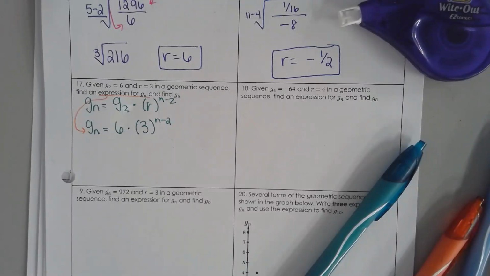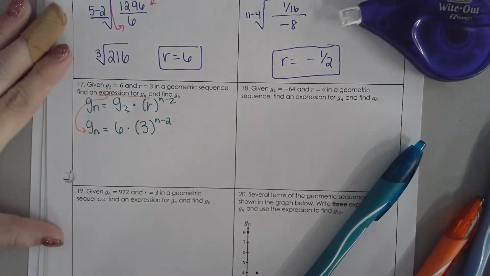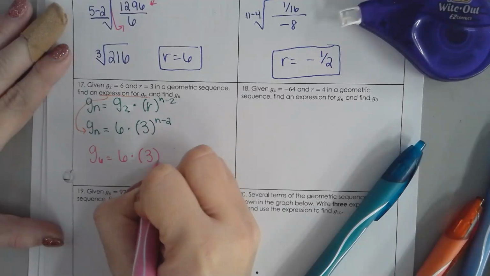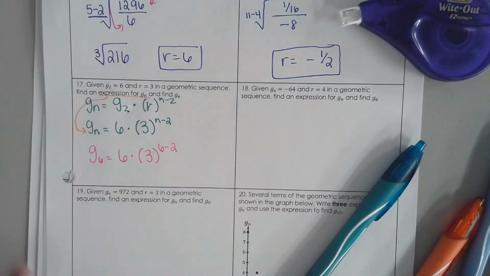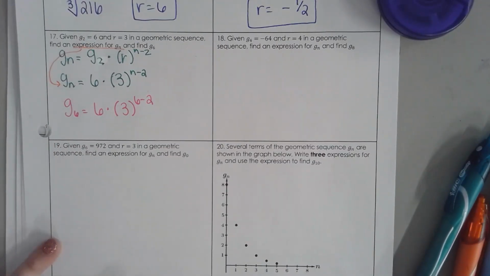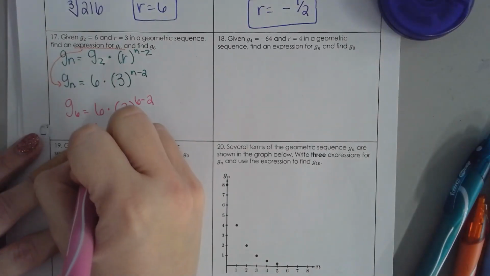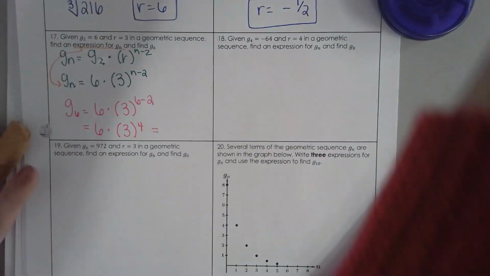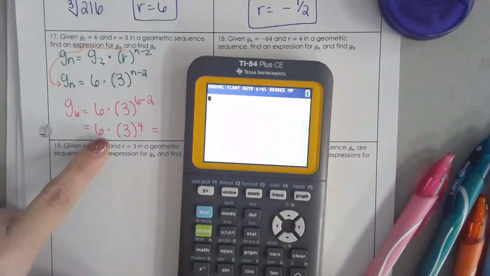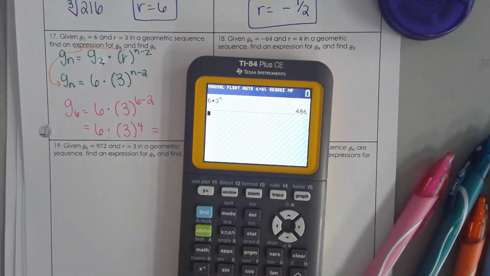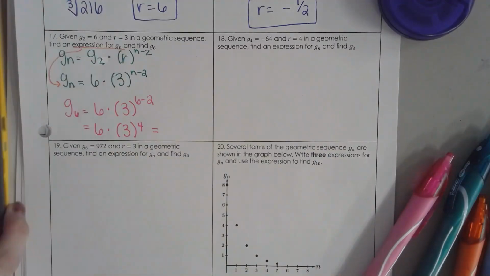And then when we find G6, we're putting a 6 in for n. If we do 6 times 3 to the 4th, we get 486.